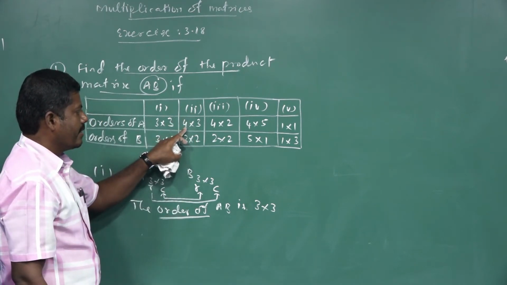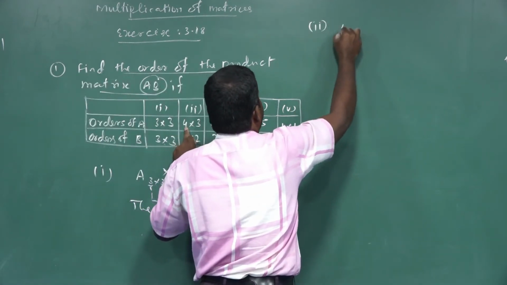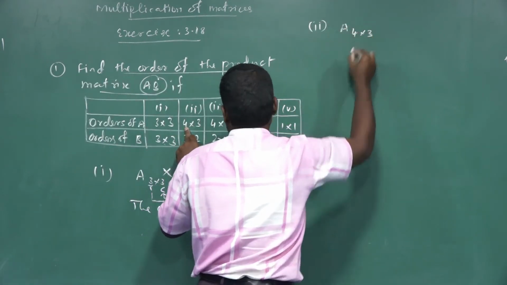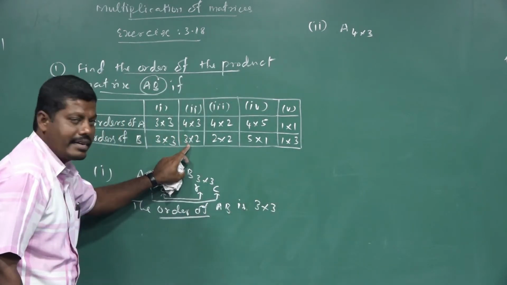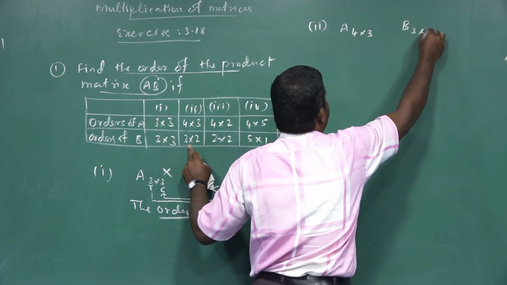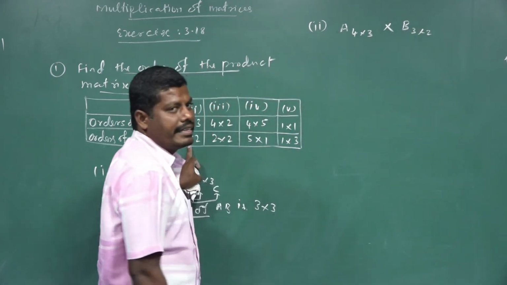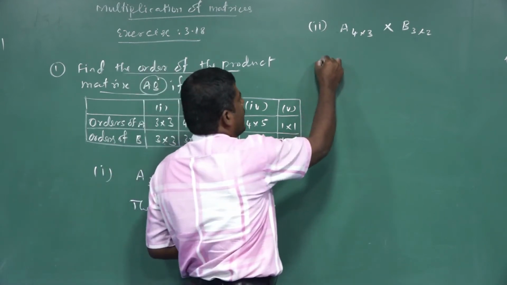Next, take the second question. A is of order 4 by 3 and B is of order 3 by 2. We are going to multiply these two matrices. What is the order of the result matrix?